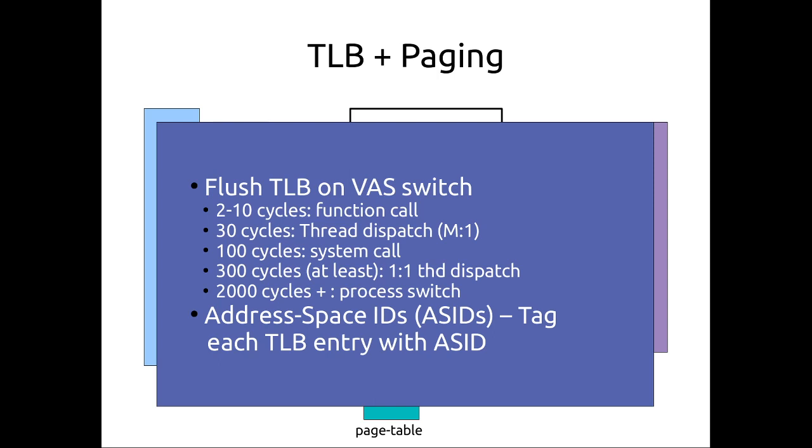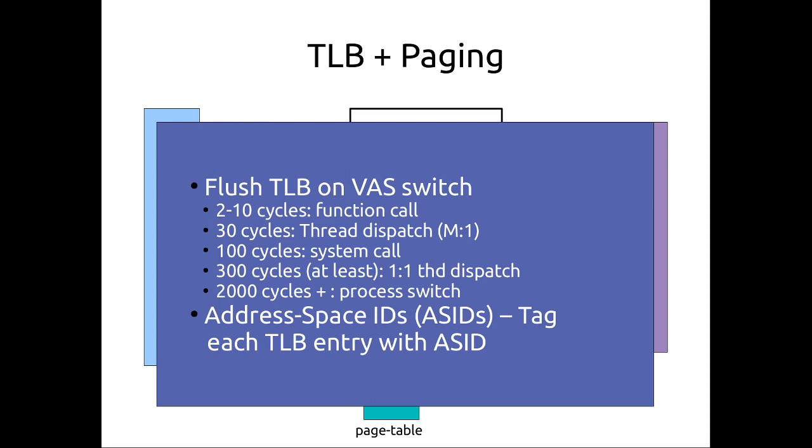So we've talked before about a hierarchy of different costs in the system, that we have function calls that are an order of magnitude faster than dispatching between threads in M-to-1 systems. And that's significantly faster than actually making a system call. And then if we want to switch between one-to-one threads, then we require system calls and dispatching and some kernel logic.